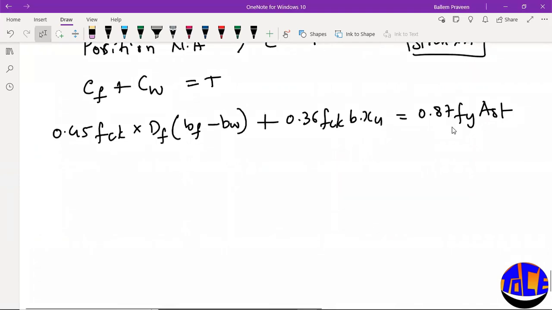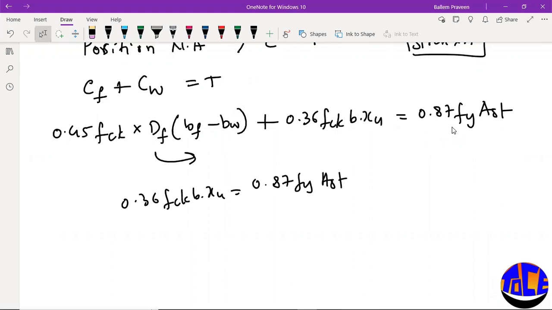Now we have to find xu, so let us send this term to that side. So 0.36 fck b xu is equal to 0.87 fy Ast minus 0.45 fck df into bf minus bw.